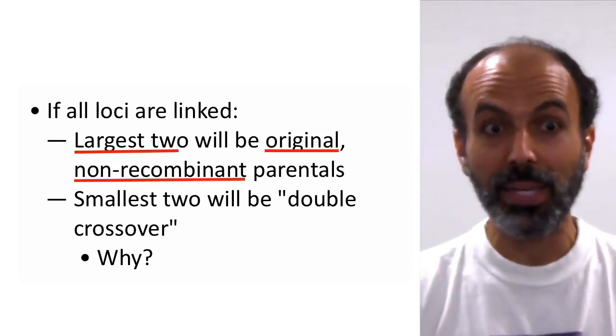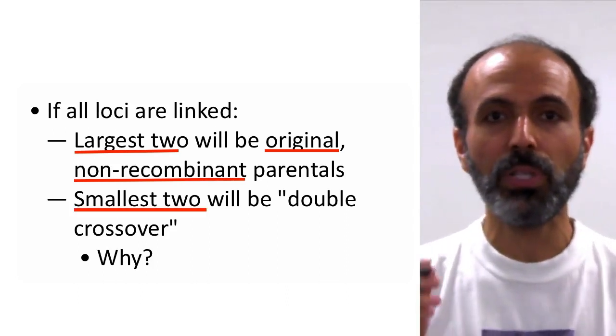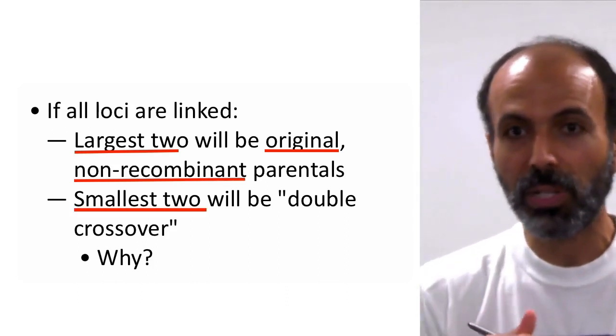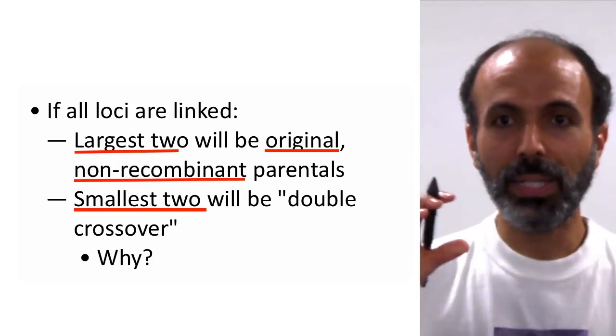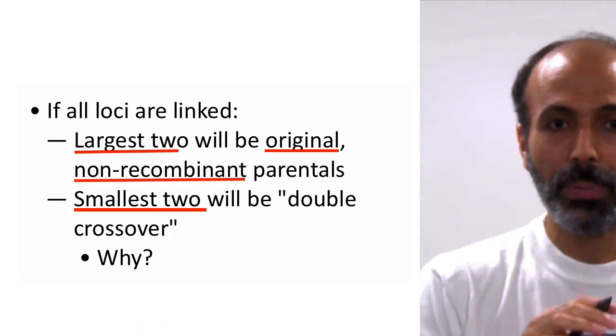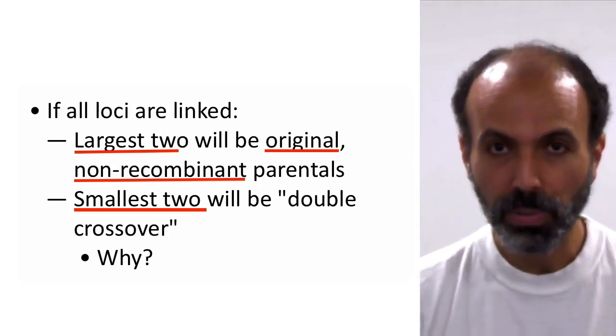So that'll help you determine the phase. The smallest two, basically the numbers that are the least frequent, such as what we saw in the previous slide of capital A, little b, capital C, or lowercase a, big B, little c, those would be the double crossover.